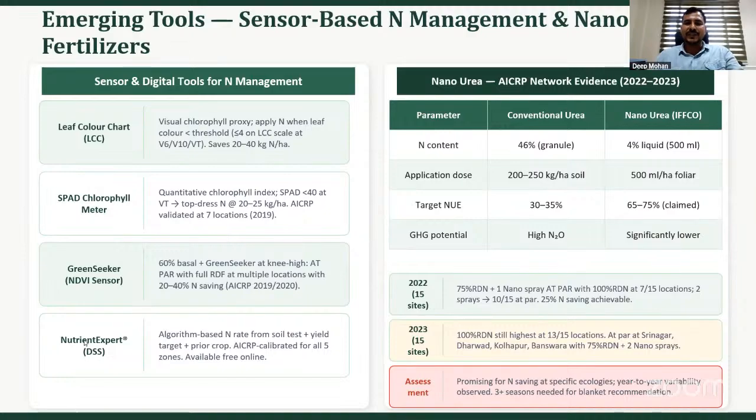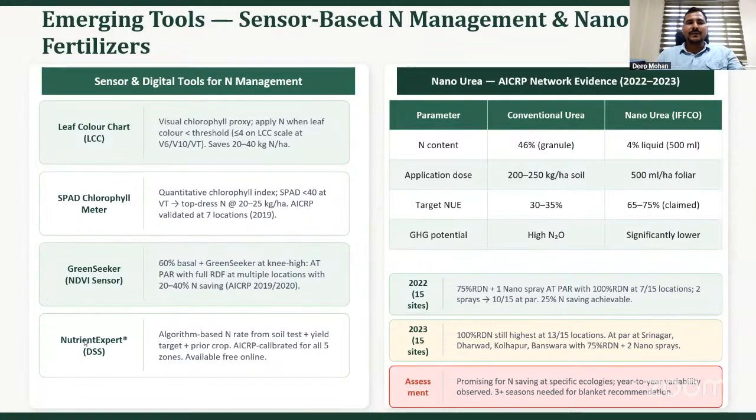Nano urea is being discussed on various platforms. So in AICRP trials, we conducted a nano urea trial. The nutrient use efficiency claimed for nano urea is 65 to 75%. Routine urea has 30 to 35% nutrient use efficiency.